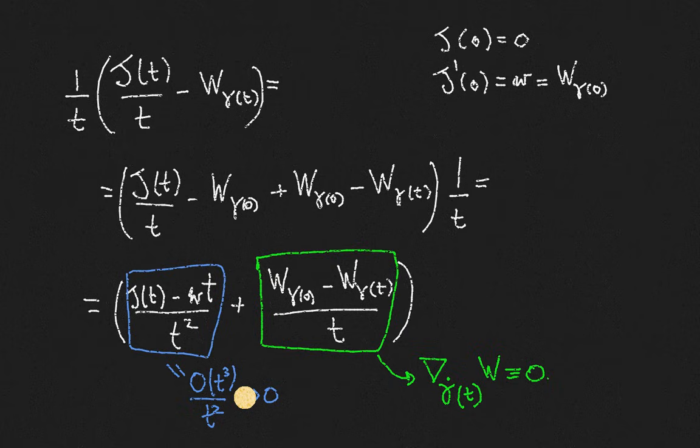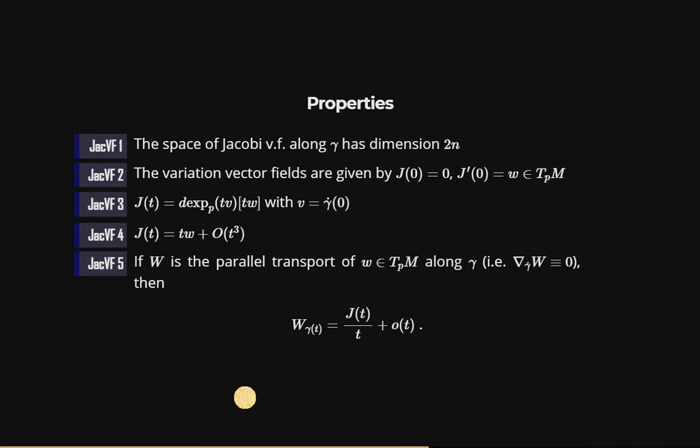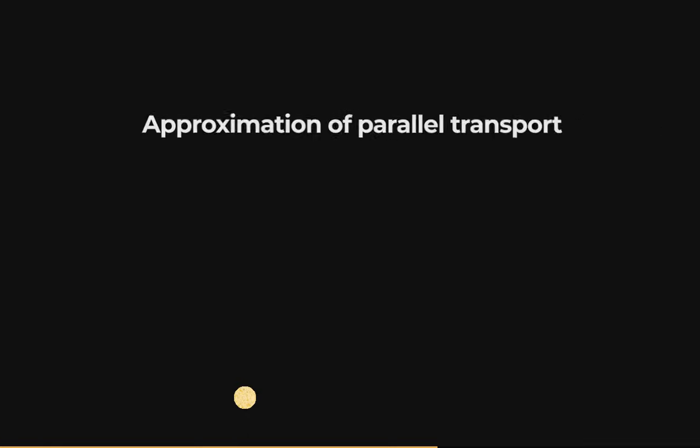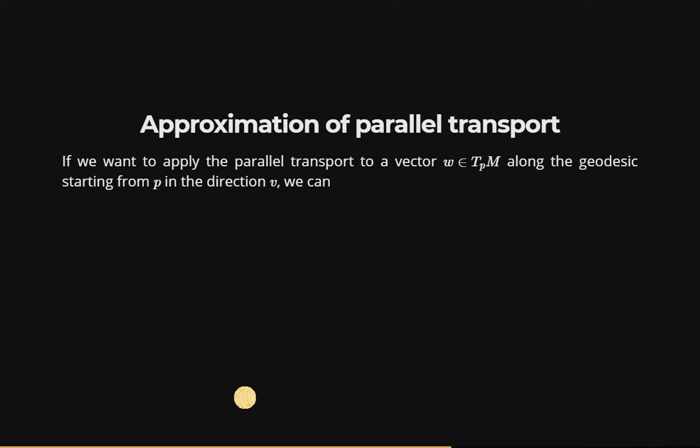And so you get that this whole term goes to 0. So this means that the parallel transport at gamma of w at gamma t is approximated by the Jacobi vector field starting with w as initial data over t. This means we can approximate parallel transport with Jacobi vector fields.